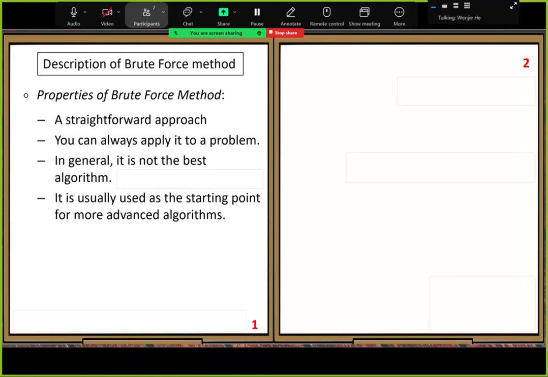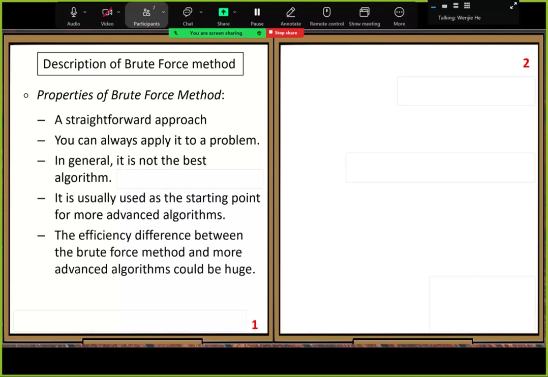So they want to explore. When they work on the problem, they can discover some special properties. That's usually what people do. So get some experience by using this simple method.